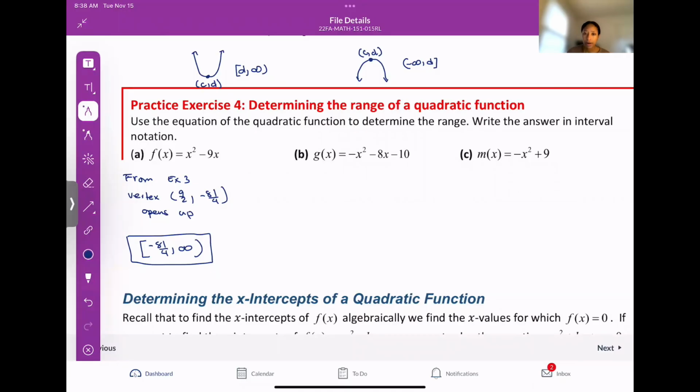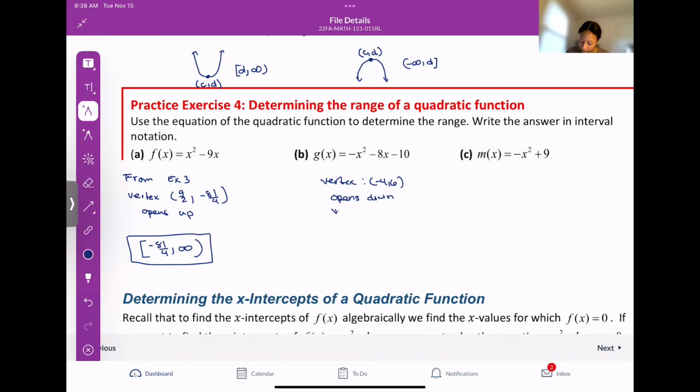All right, for part B, hold on, I have to scroll back up really quickly. This one was negative 4, 6 for the vertex. This time we have a downward opening parabola. That means that the vertex is a maximum.